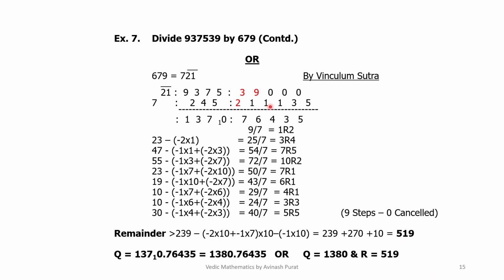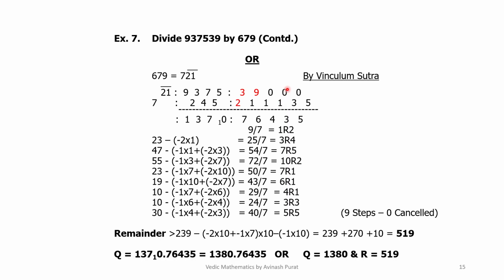Now the next dividend is 10 minus 1 into 7 plus minus 2 into 6. So 12 plus 7 is 19. 10 plus 19 is 29 divided by 7. So we get quotient as 4 and remainder again 1.